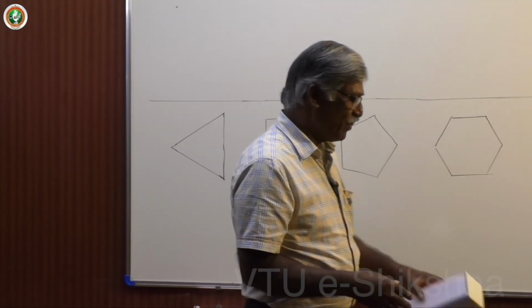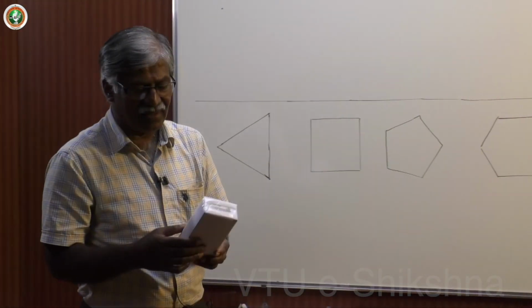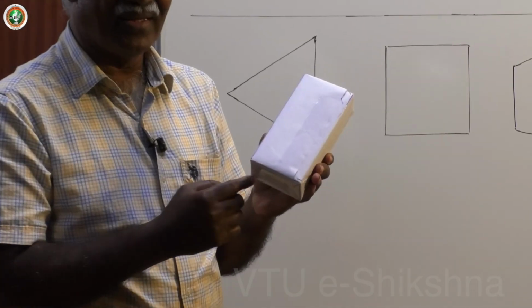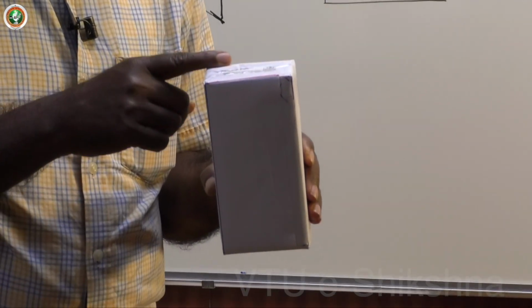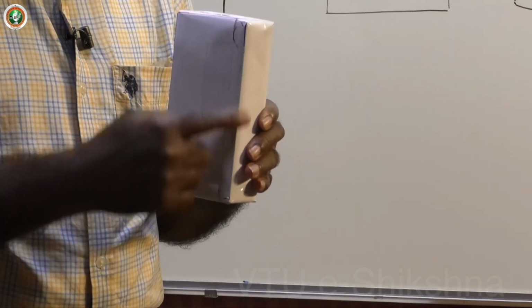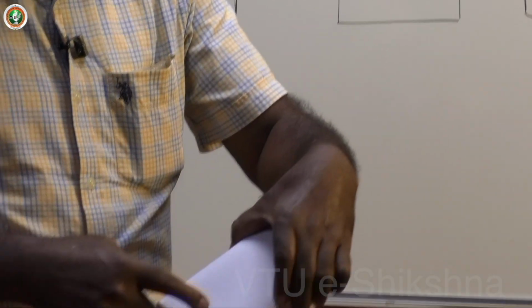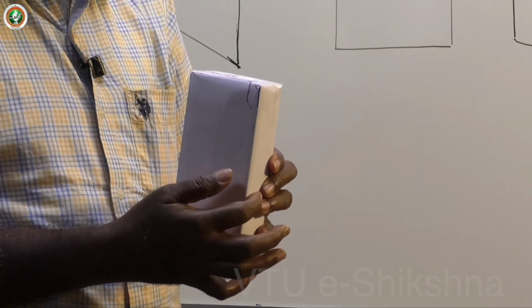Let me take a simple solid again, a rectangular prism. It has longer edges, base edges for the base itself, and also a top face. There are two larger lateral surfaces, 1 and 2, and these are the smaller lateral surfaces.